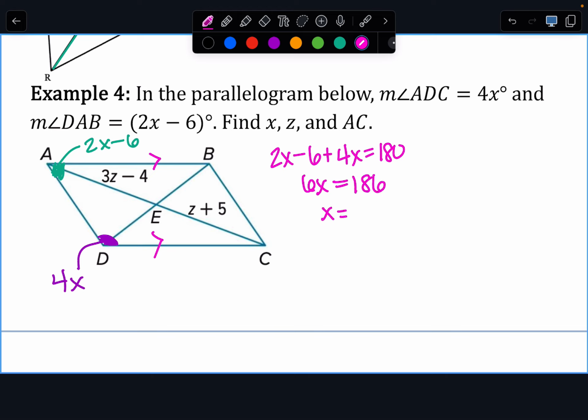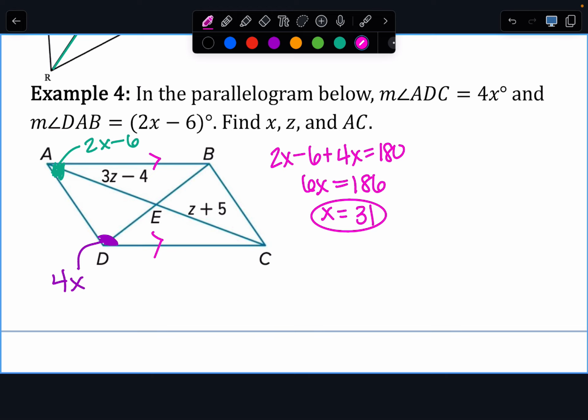Those are nice numbers if we don't have a calculator in our hands. All right, so there's x equals 31.